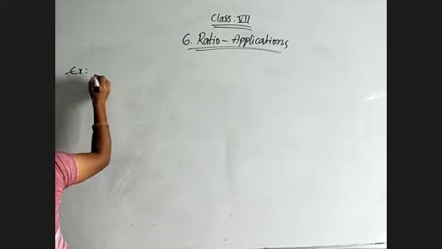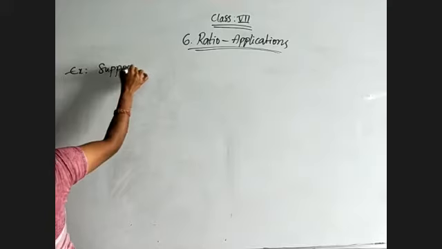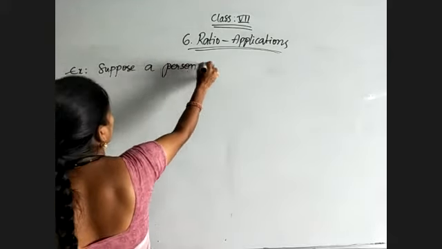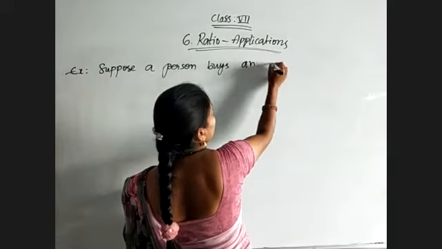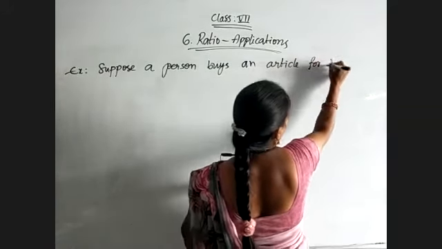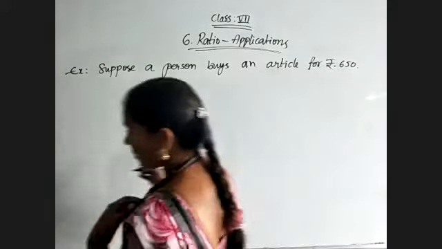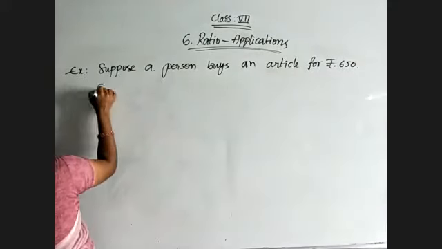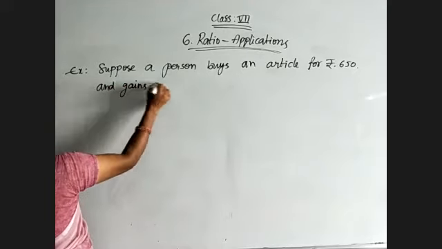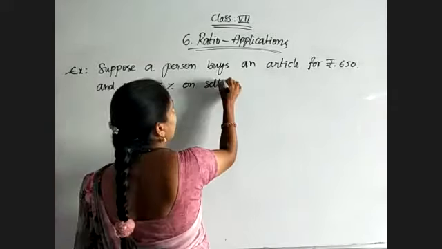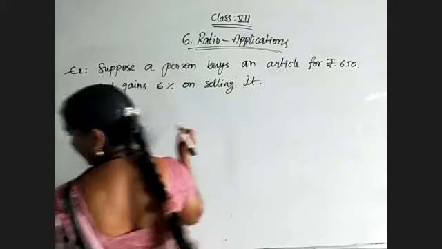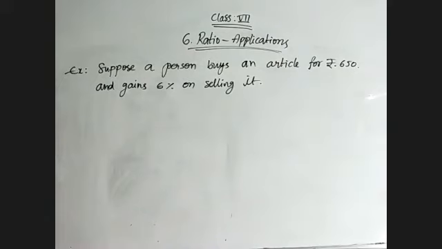Suppose a person buys an article for 650 rupees and gains 6% on selling it. Find the selling price.